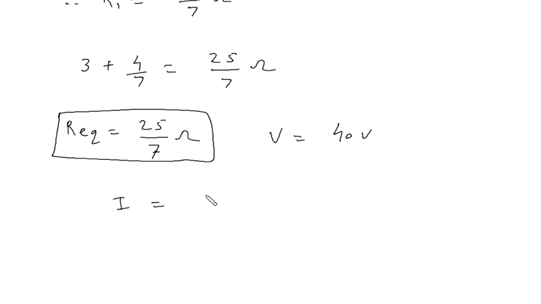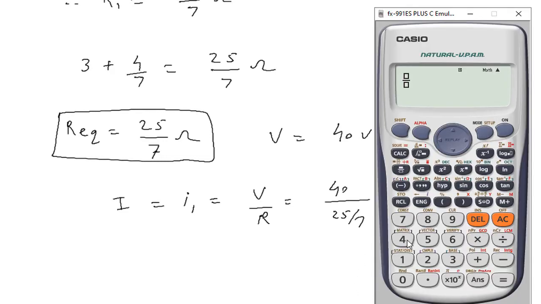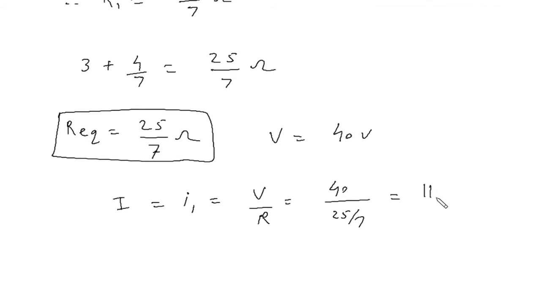So I1 is equal to V by Req. So this will be 40 by 25 by 7, which is 11.2 ampere. Therefore, I1 is equal to 11.2 ampere.